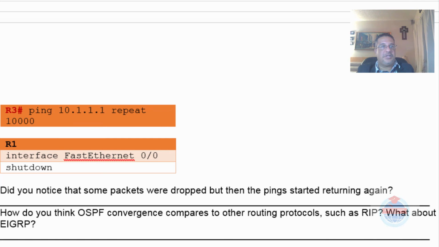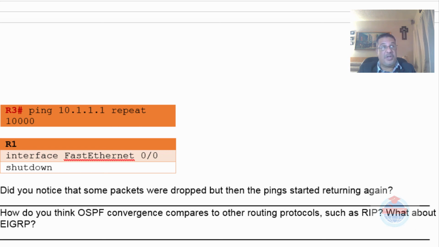And the last question, how do you think OSPF convergence compares to other routing protocols, such as RIP? Well, RIP has some limitations. RIP can only do 15 hops by default. Besides that, OSPF can handle VLSM, that is variable subnet mask.